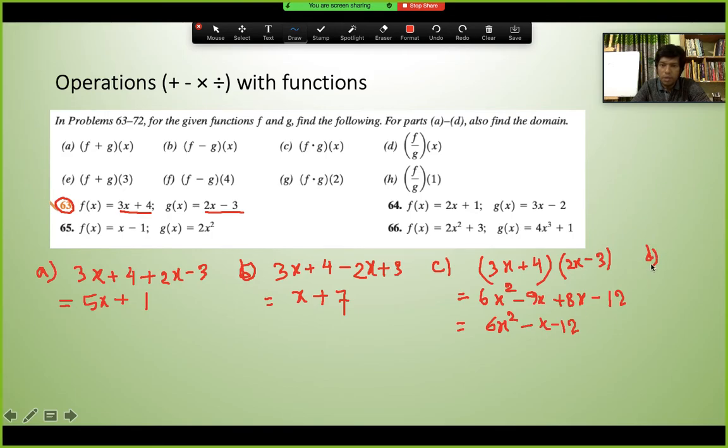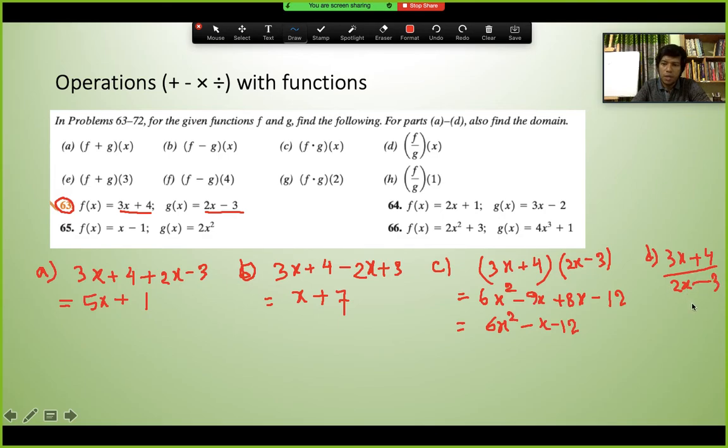Now D number. Here we have to divide f divided by g. So f means 3x plus 4, g means twice x minus 3. So it will be thrice x plus 4 divided by twice x minus 3.